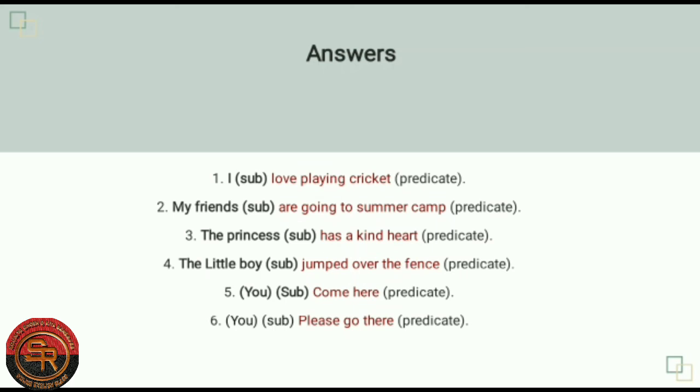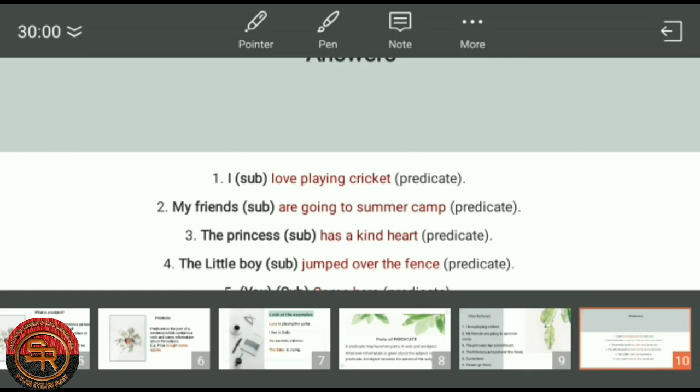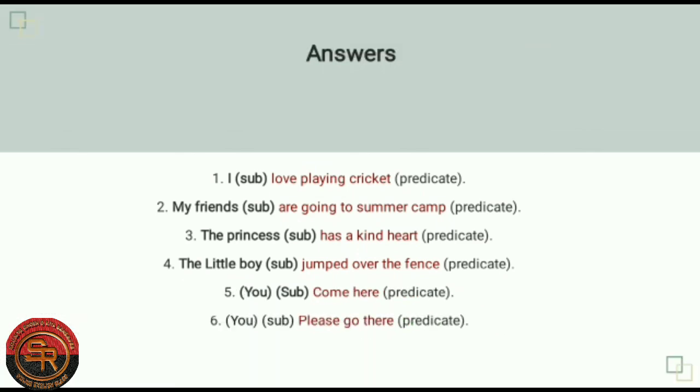That supplied subject here can be you. Look at the sixth question. You is the subject, please go there. If we use the word you, then this completes the meaning of the sentence. You is the subject, please go there is the predicate. So, my dear students, that's all for today. I hope you have understood.